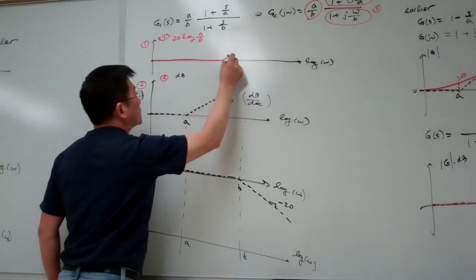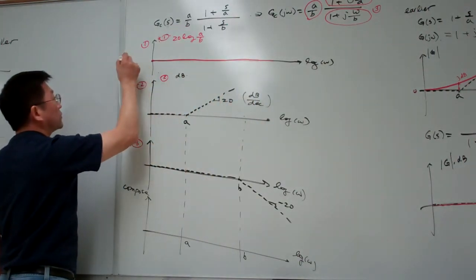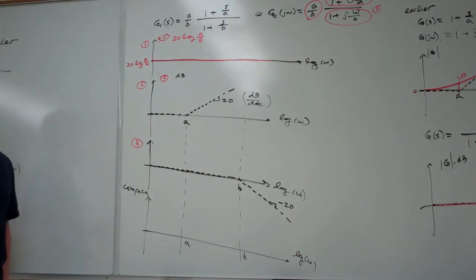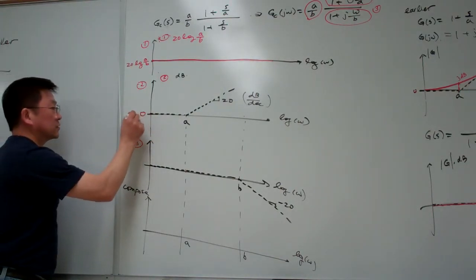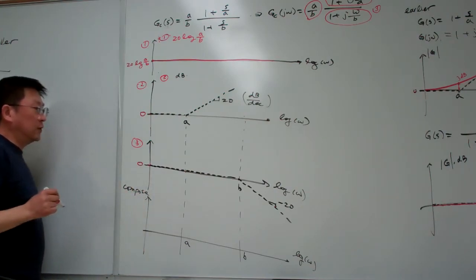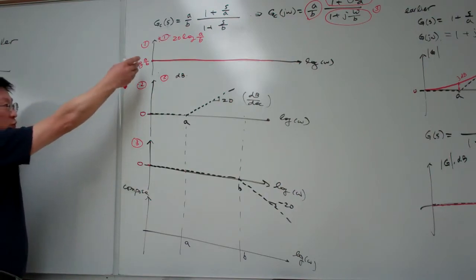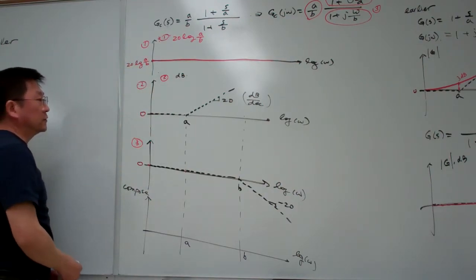That is a constant all the way through here. So the magnitude is 20 log A over B. Okay. For the second term, this is starting from 0. For the third term, that is 0 here. And right now, we simply do the superposition of the three curves.